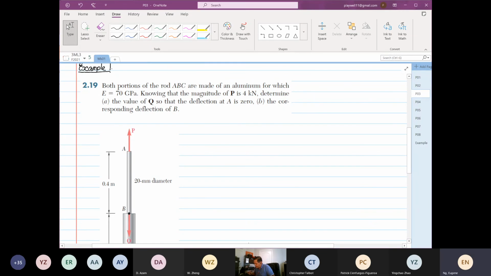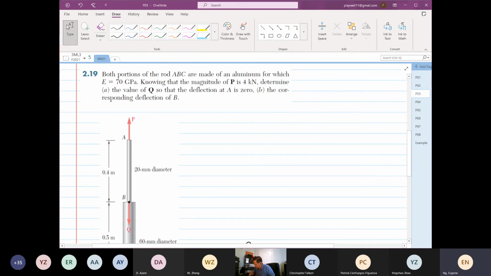Knowing that the magnitude of P is 4 kilonewton, determine the Q value so that the deflection at A is equal to 0. Then we have to find the corresponding deflection of B. So this is what we have to do.